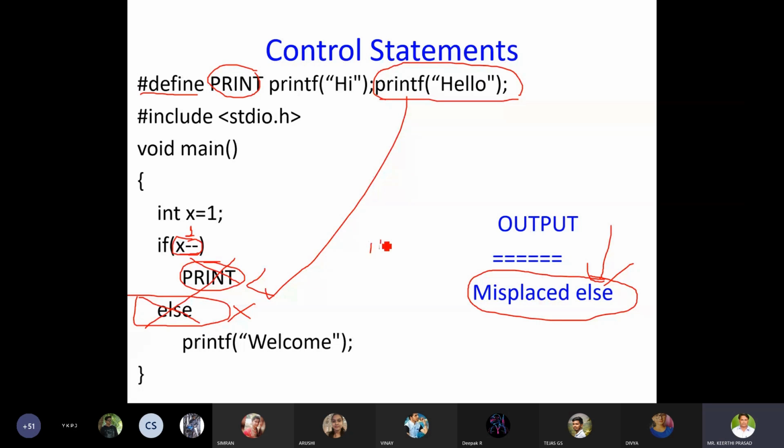If the condition is true, followed by printf hello, followed by printf welcome. So the condition is true means this one will be executed and this one will also get executed, right?